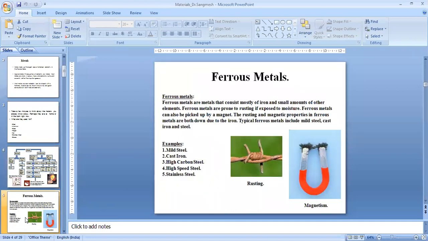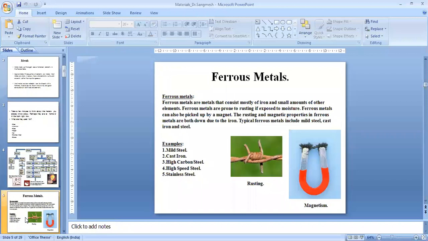So ferrous material, as we have already seen, consists mostly of iron and very small amounts of other elements, but 98-99% is going to be iron only. Ferrous metals are very easy to identify based on their condition.